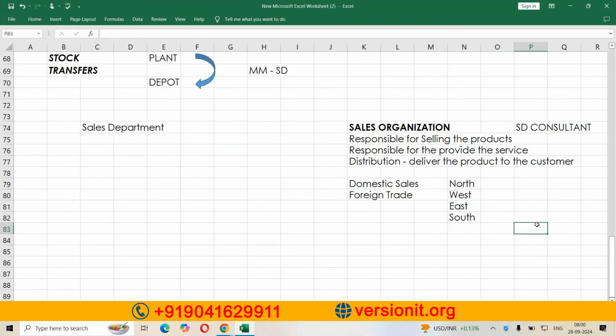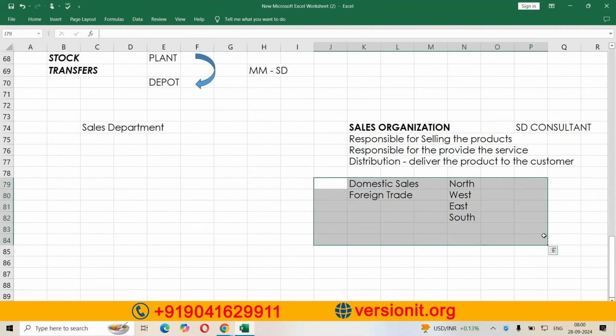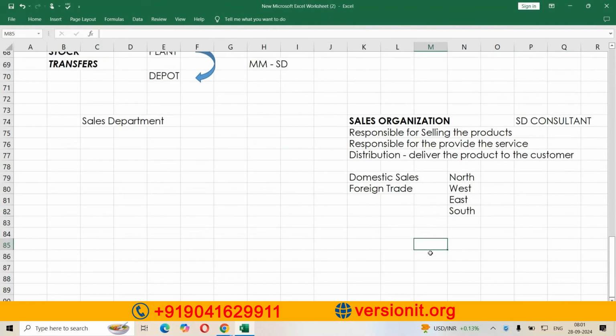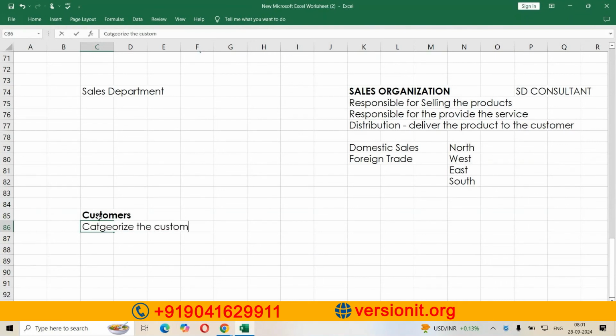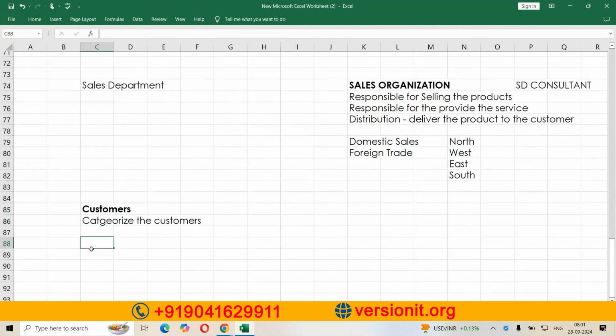This is one thing you need to be aware of. A business can have multiple sales organizations which are used for selling their products. The sales org is responsible for selling the products to the customers, and we are going to be categorizing the customers. We divide them into zones or particular groups.